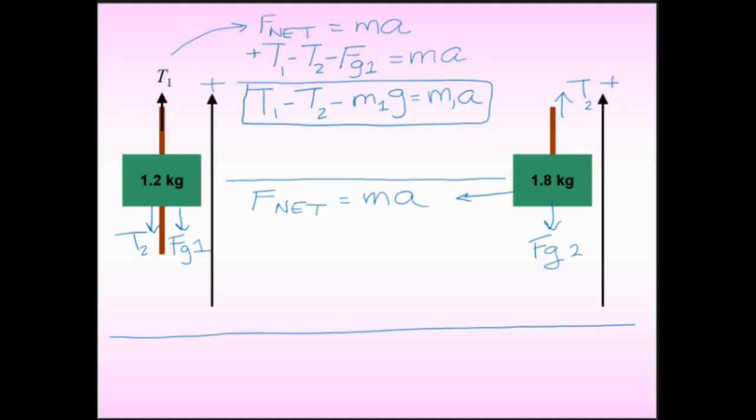T2 and FG. Which one is pointing positively? Great. You're seeing the trend here. What's my next step? I can only do one thing. Exactly. Rewrite the FG as a product of m times g.